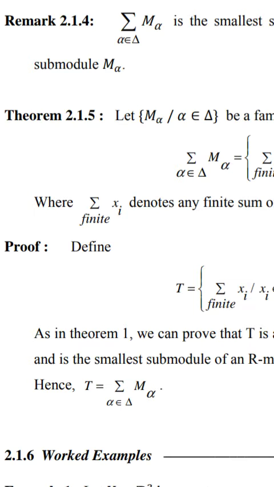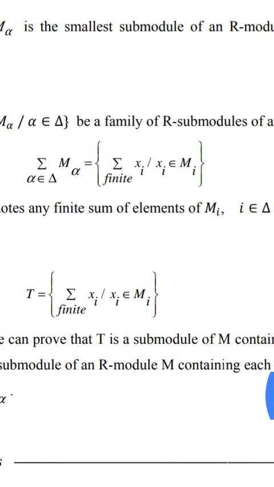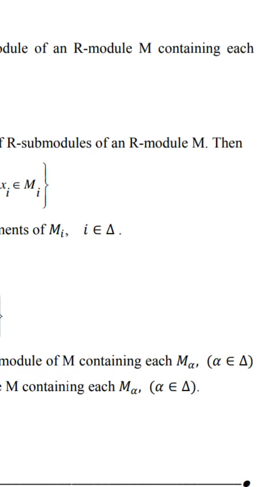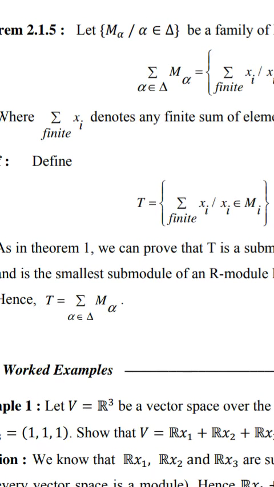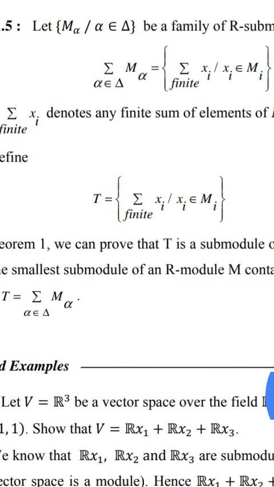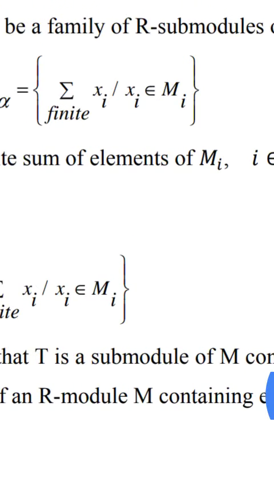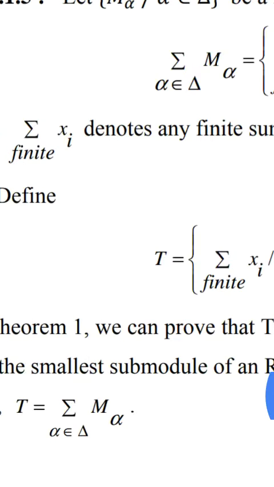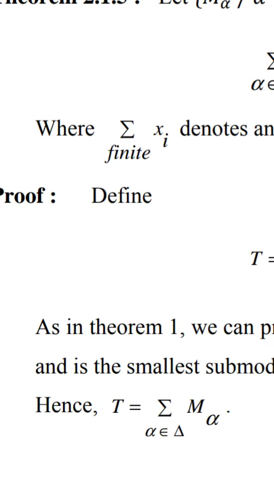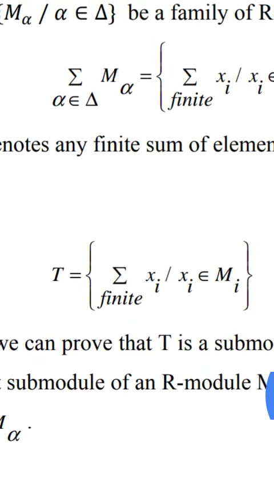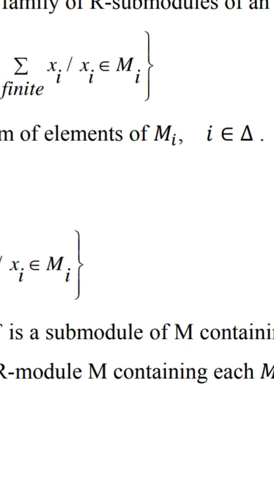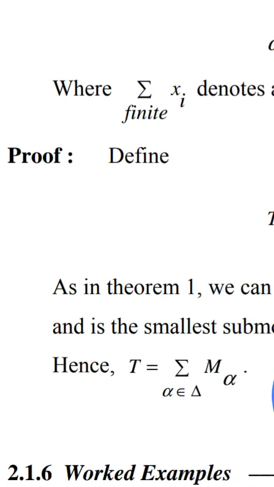Theorem: Let M alpha, such that alpha belongs to delta, be a family of R submodules of an R module M. Then summation of M alpha, alpha belongs to delta, is equal to summation of xi, finite, so that xi belongs to Mi, where summation of xi denotes any finite sum of elements of Mi, i belongs to delta.